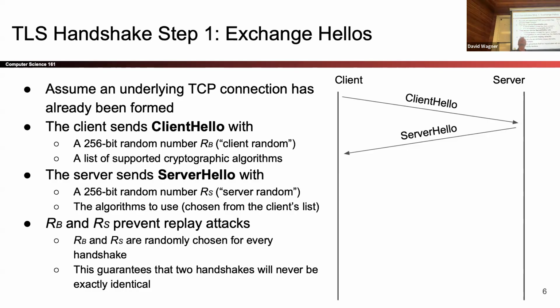Because in the first connection, the server picked random number R. In the second connection, it picked random number R prime. If the attacker is replaying stuff from the first connection into the second connection, and it's mentioning R instead of R prime, the server's like, whoa, that's wrong. It should be mentioning R prime. Basically, that's the intuition.